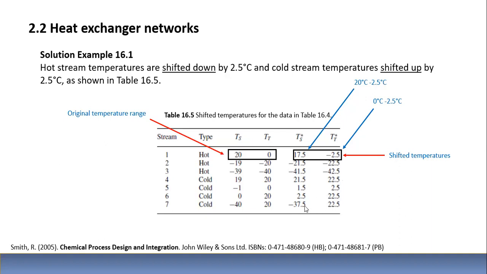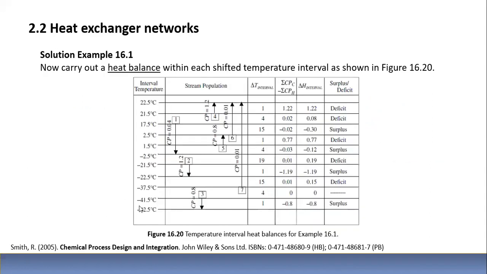Then the next one would be minus 2.5, then 1.5, 2.5, then from 2.5 to 17.5, then from 17.5 to 22.5. So it's 21.5 and then 22.5. A bit confusing, but you have to do that carefully.